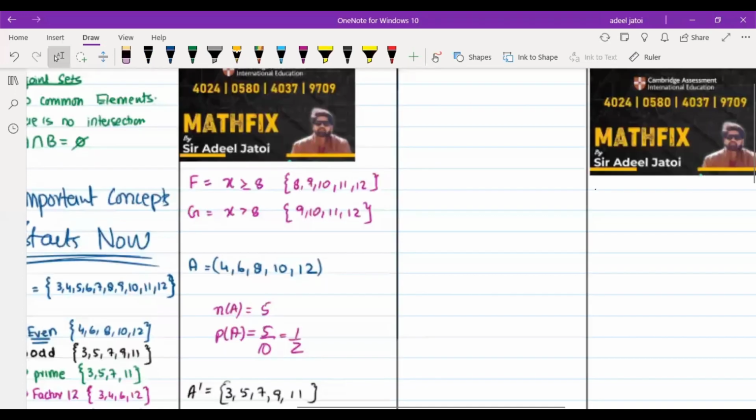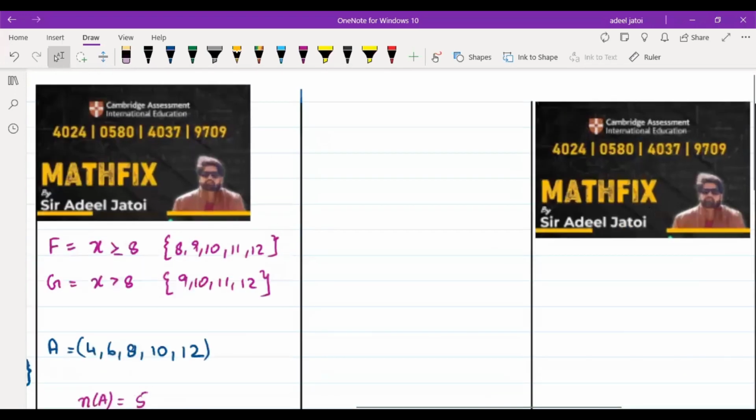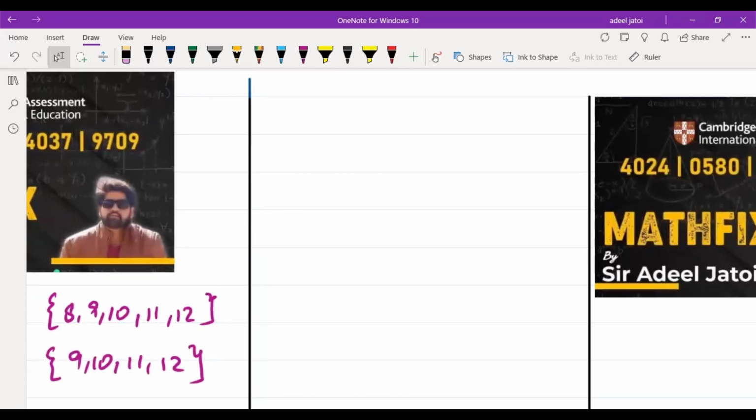So let's just refresh a bit of concept and then we can move forward towards the union and the intersection. So that means the examiner will give you a universal set. The examiner can ask you N, which is the number. The examiner can ask you P, which is the probability.